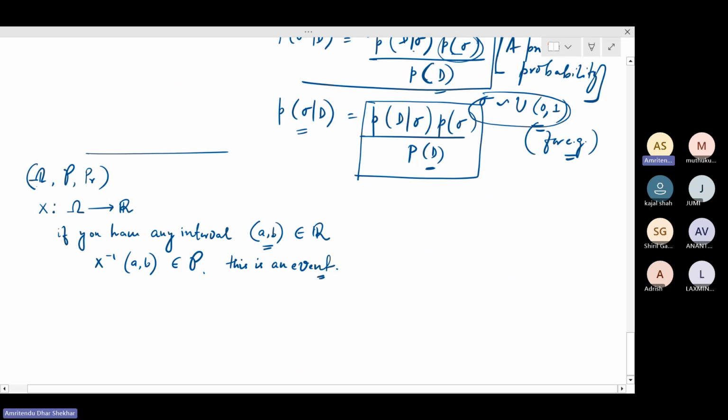If some of you are familiar with measure theory, then we say that it is a measurable map. So a random variable is a measurable function. Of course, the underlying measure on R is going to be the Borel sigma algebra. So X is a measurable map.